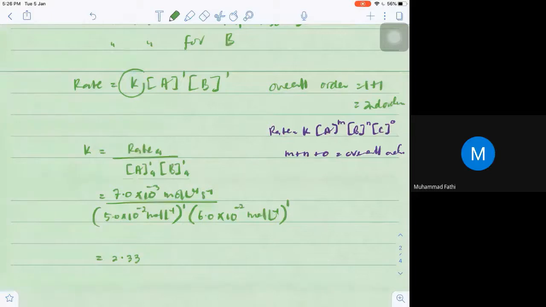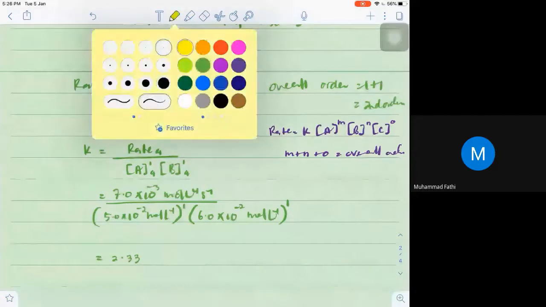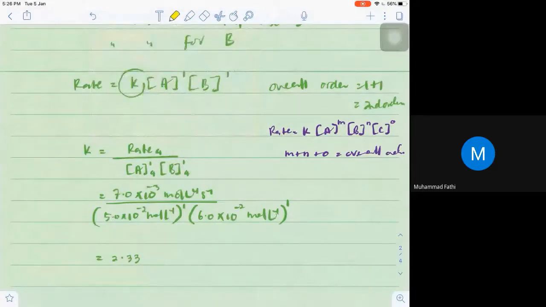What is the unit? S^-1? This is mole per liter, cancelled with 1 mole per liter, so we still have this left.